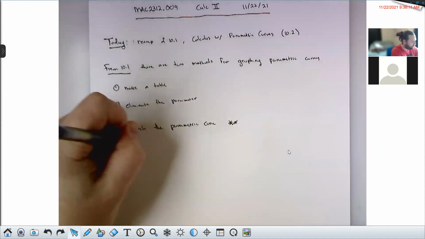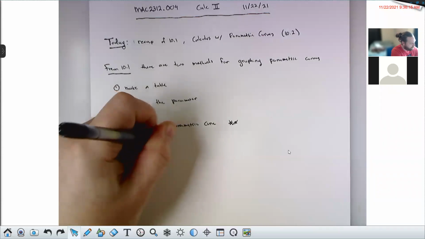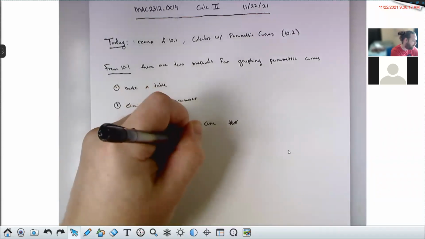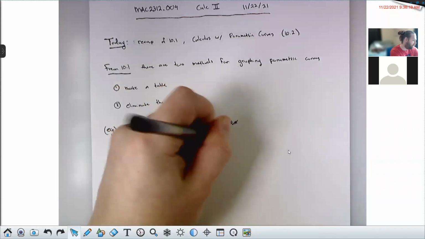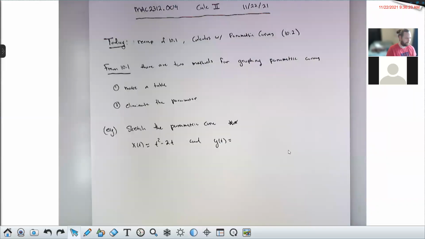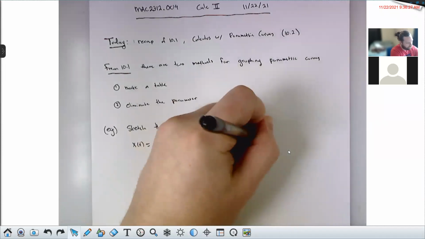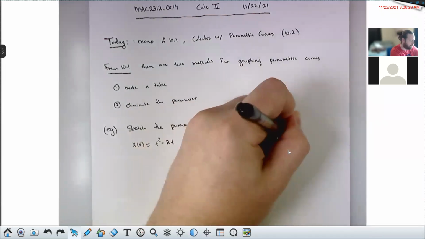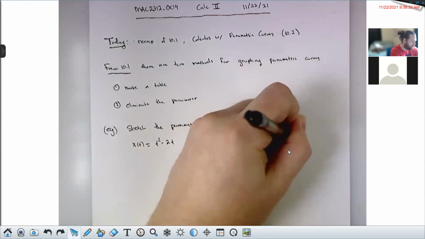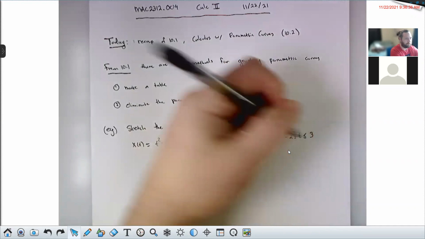In the notation we have been using, x of t equals t squared minus 2t and y of t equals t plus 1. And let's say -2 is less than or equal to t is less than or equal to 3, something like this.